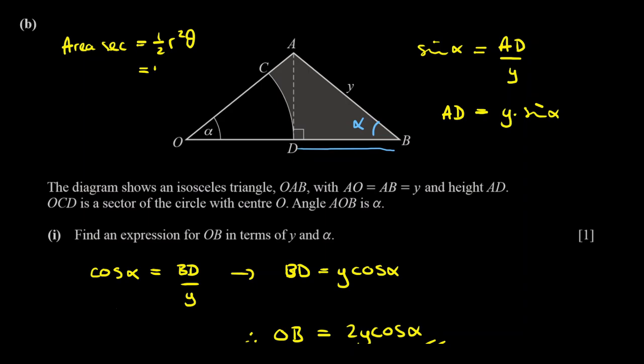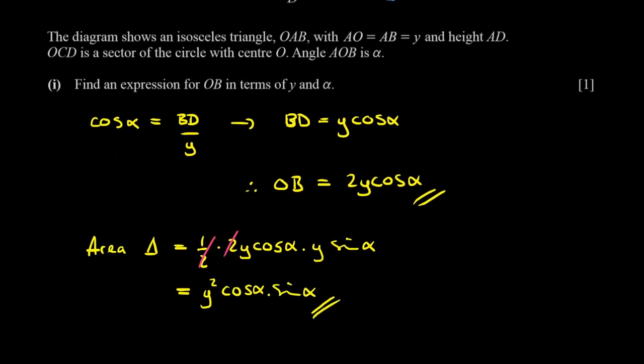So we're going to have a half times y cosine alpha squared times alpha, which is a half y squared cos squared alpha times alpha. Sorry, that's a bit messy there. Just trying to make sure you can all see the image.